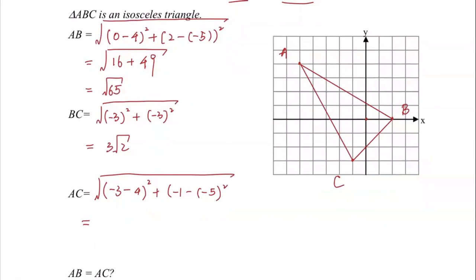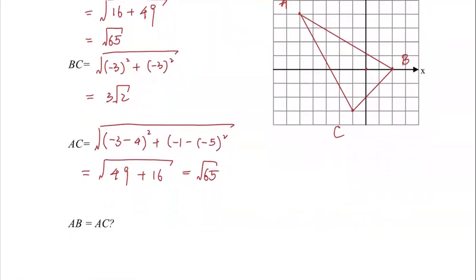So -3 minus 4, that's -7. -7 squared, that's 49. Plus -1 minus -5, that's -1 plus 5, so that's 4. 4 squared is 16. So 49 plus 16, that's 65. So the answer is square root of 65.